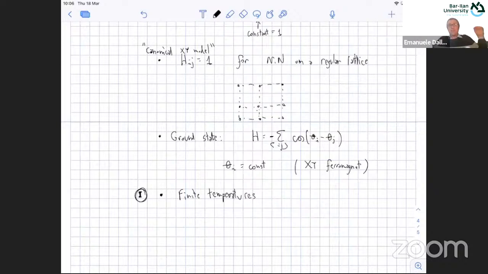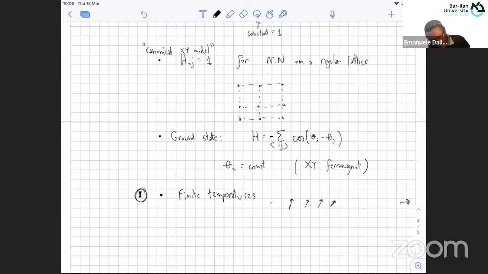Now, in 1D, it's very simple to see that they will always be uncorrelated, right? Because in 1D, let's assume that the first rotor points in one direction. The second one points a little bit differently, and then the other one is a little bit different, and the other one is a little bit different. And you easily see that by the time you get very far apart, the direction is completely lost.